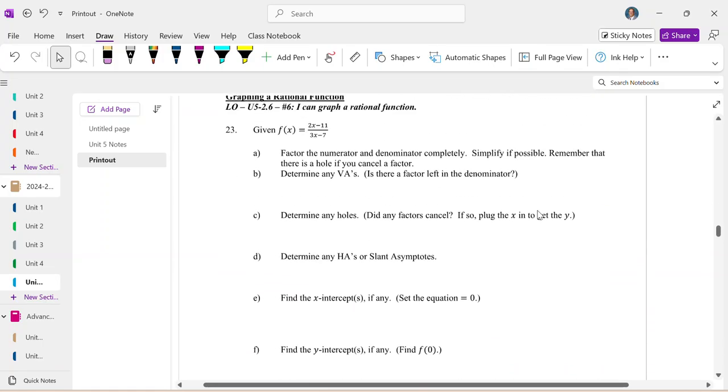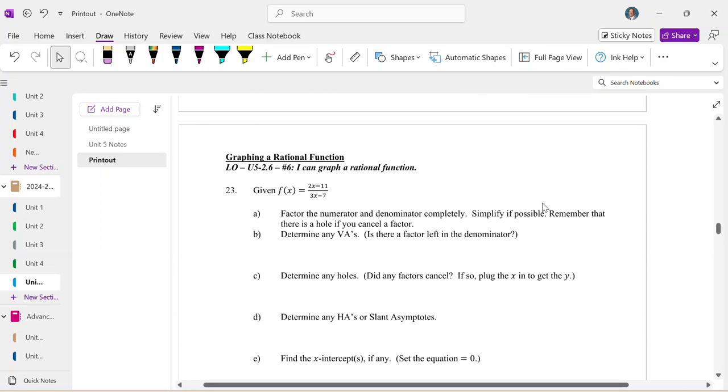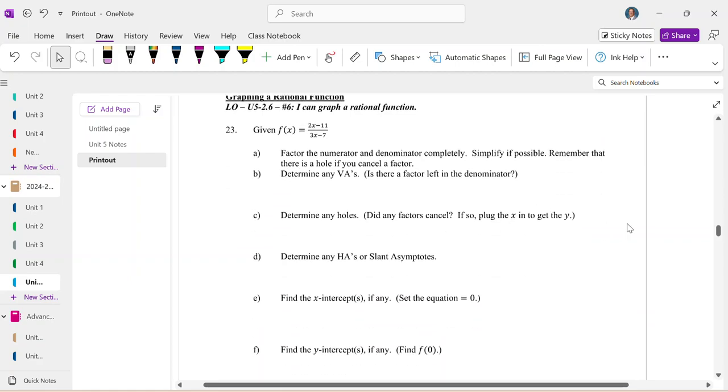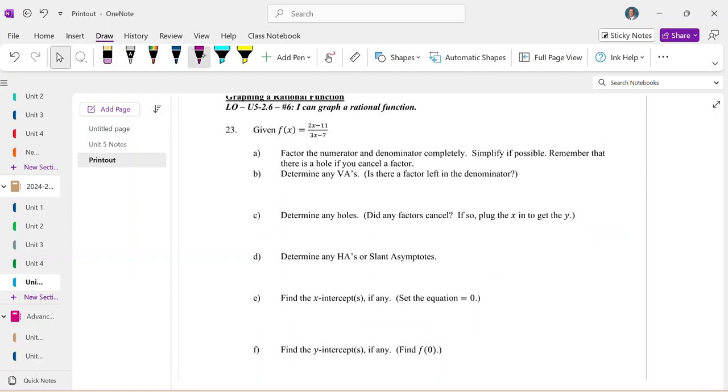So now, how do we graph a rational function? Well, there's a process. So let's do it step by step. The first thing we're going to do is factor the numerator and denominator completely. Here they're already factored, and we're going to simplify if possible. Remember, if you cancel a factor, that gives you a hole.